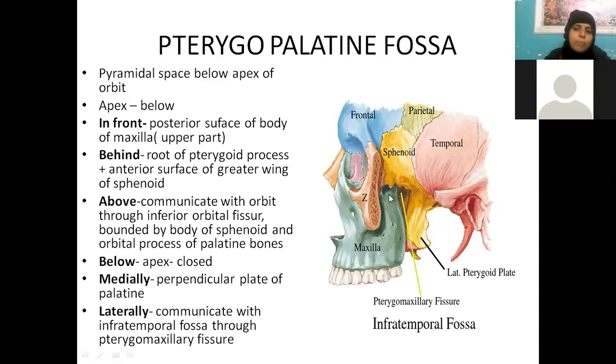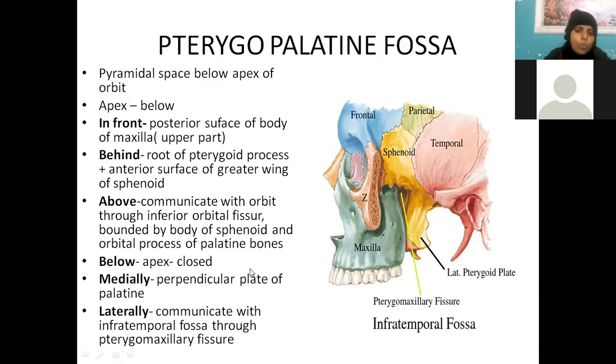We need to break the maxilla and the lateral pterygoid plate to see inside. Then only we would be able to see the pterygopalatine fossa. So the medial boundary of this fossa would be the perpendicular plate of the palatine bone, nothing but the hard palate.